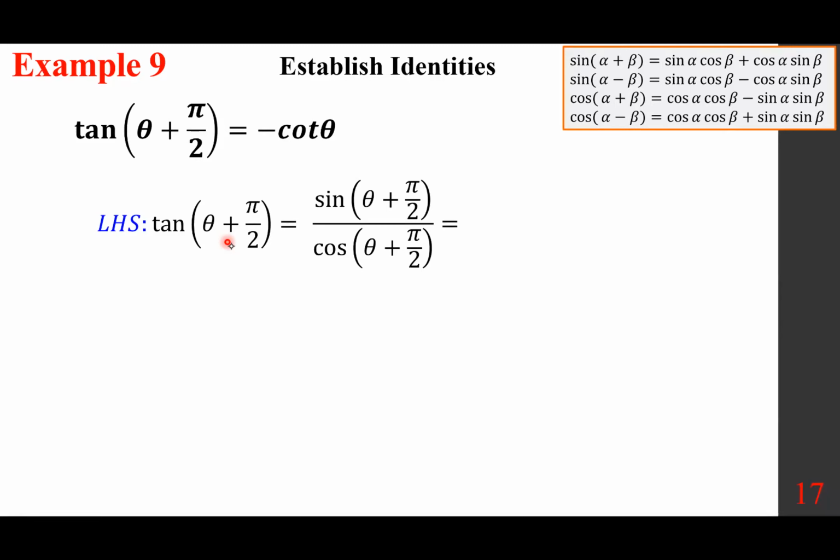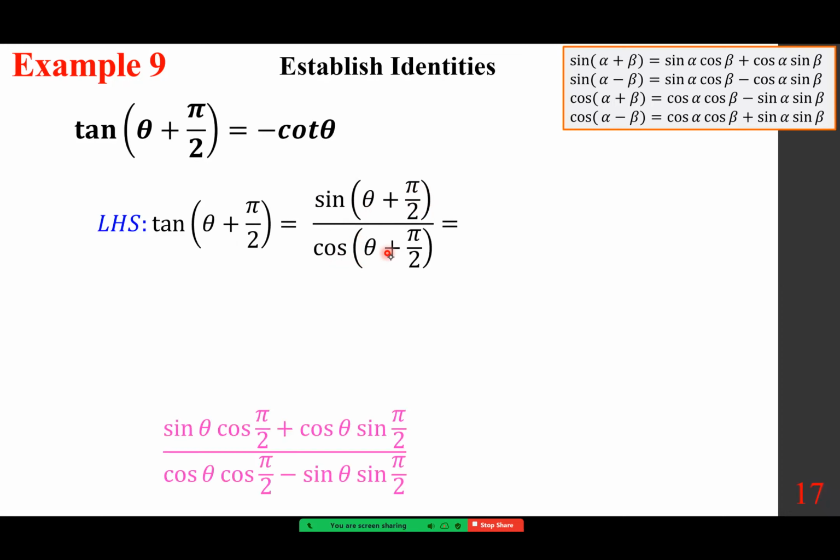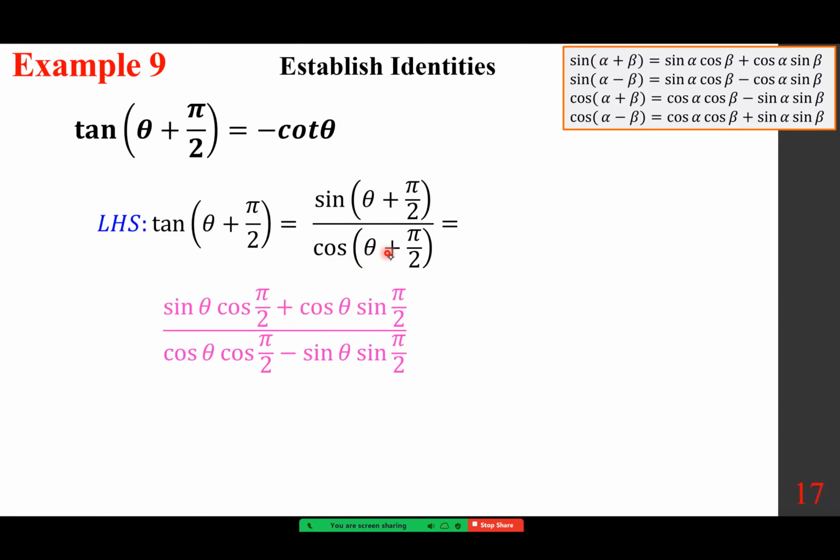So we have sine theta cosine pi over 2 plus cosine theta sine pi over 2 in the numerator, cosine theta cosine pi over 2 minus sine theta sine pi over 2. And now we plug in. Cosine of pi over 2 is 0, so these two are 0.